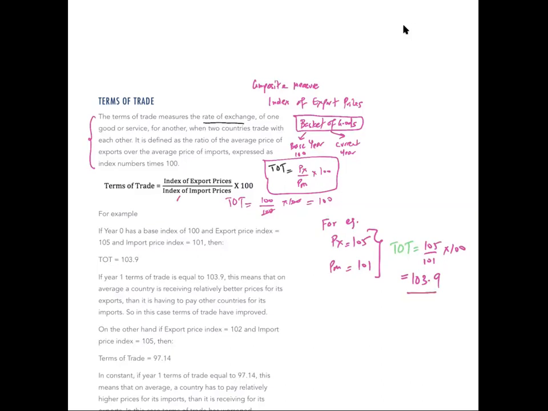What is happening here, guys? The terms of trade, which was previously 100, because in the base year your terms of trade will always be 100. Why? Because export prices will also be considered 100. Now from 100 export prices went to 105, and import prices went from 100 to 101.